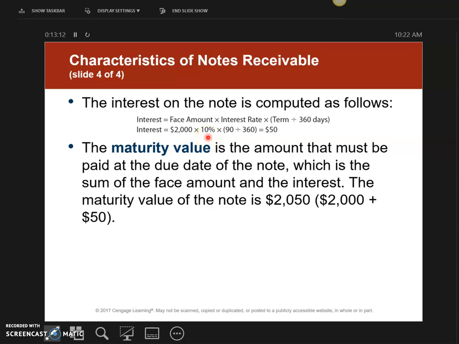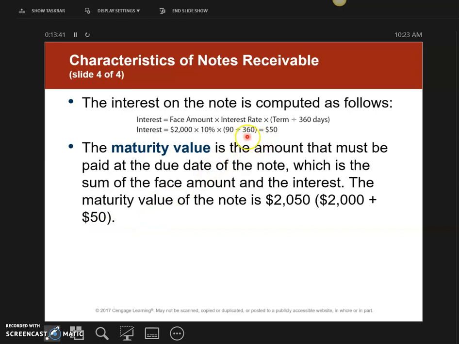That is annual interest for the whole year, but we're only talking 90 days, which is why I multiply by 90 days divided by 360. So interest becomes $50. The maturity value is the principal or face amount plus the interest. So on June 14th, they owe me $2,050. This $50 is interest revenue to me.